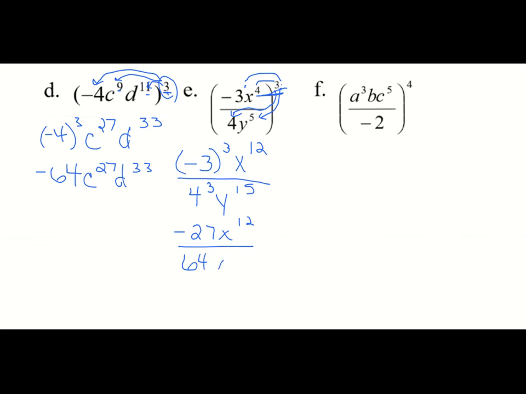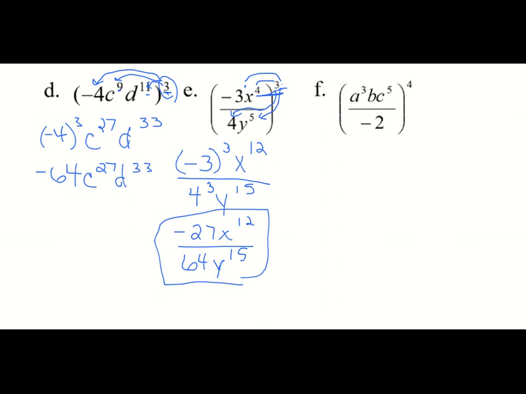And we have y to the 15th power. Now, if I look at that, 27 and 64, I can't do any simplifying with that fraction. And my x to the 12th, y to the 15th, I have different bases, so I can't subtract the exponents there. So this problem right now is done. We can't do any more.